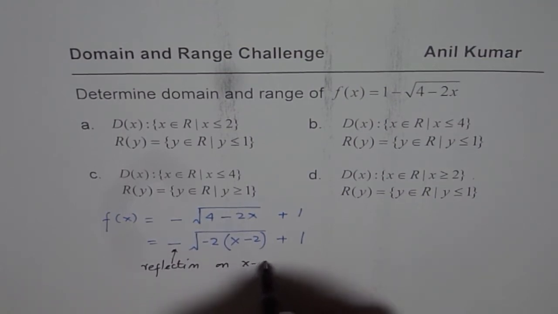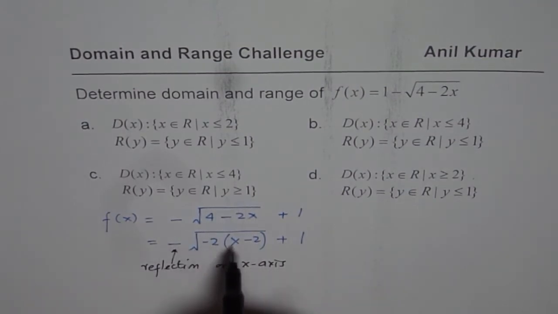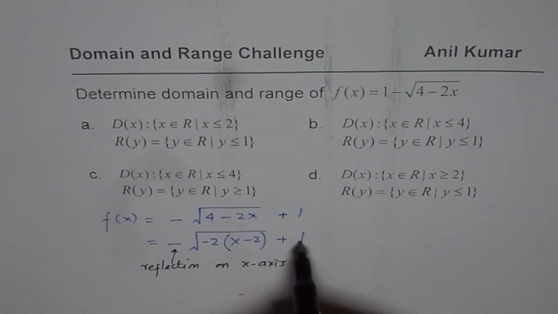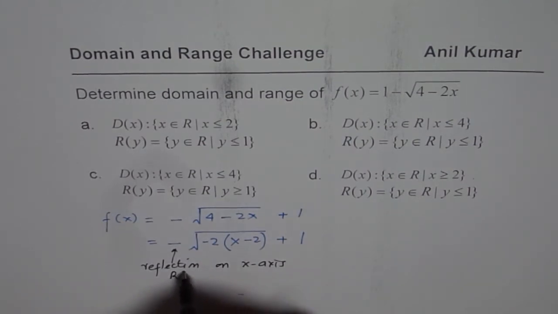Now the graph has moved to position 1 and is reflected on x-axis. That means moving downwards, correct? So as it is moving downwards, our range should be y ≤ 1. So that part is clear from here.